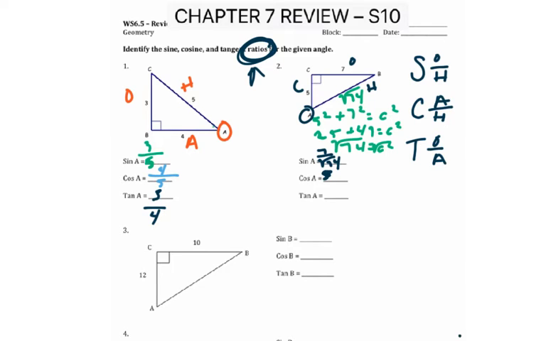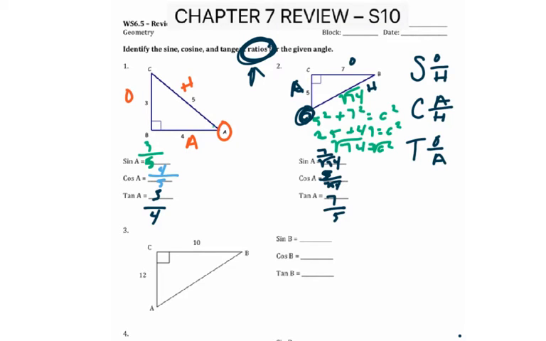Cosine is adjacent. Oops, it's an A for adjacent. So cosine is adjacent over hypotenuse. And then finally tangent from angle A. Tangent is opposite over adjacent. Very pretty.